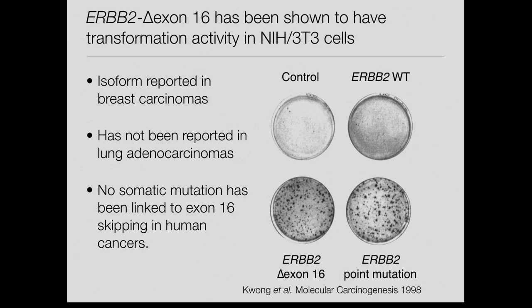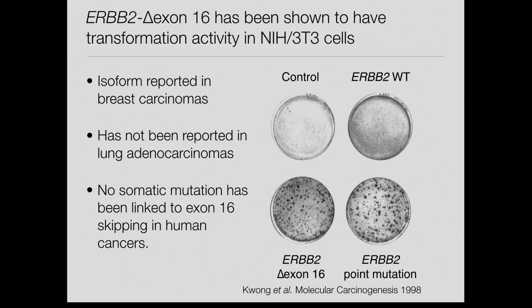But essentially, in this transformation assay, expressing control or wild type or a known activating ERBB2 point mutation versus this exon 16 deletion, what this group found was that exon 16 deletion can also transform very similarly to a known activating ERBB2 mutation.